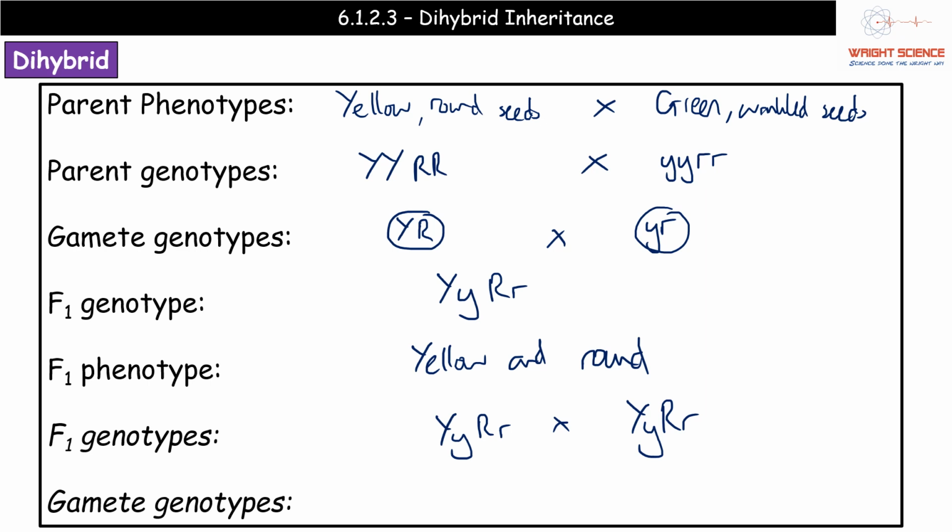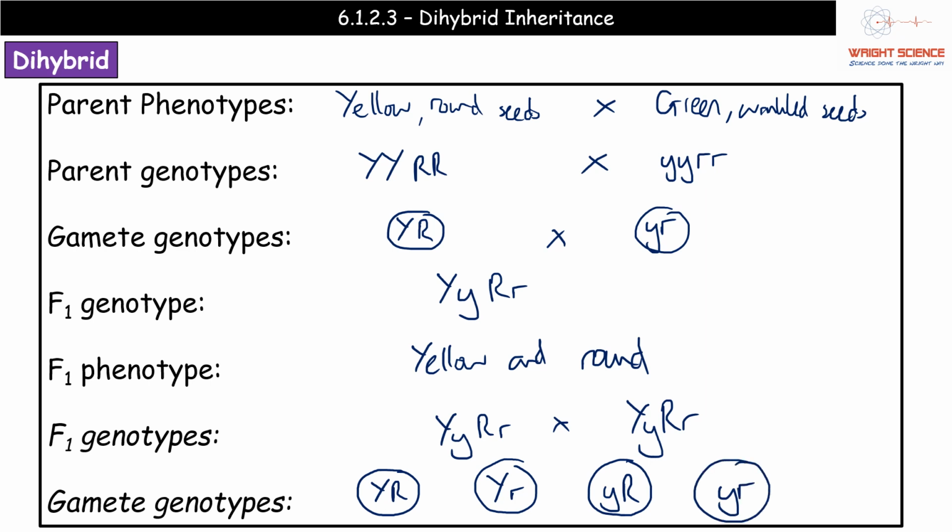Now, when we look at the potential combinations of gametes here, we could have both capitals, we could have a capital Y with a lowercase r, we could have a capital R with a lowercase y, and we could have both lowercase letters. So those are the four potential gametes that we could have here.